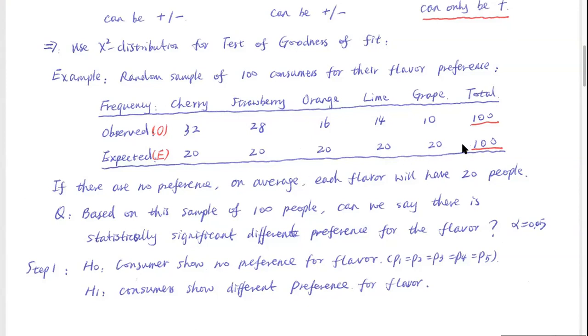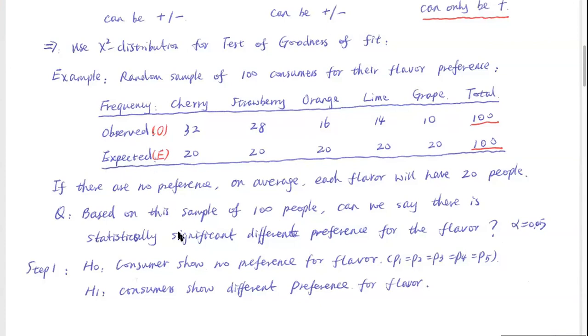So if we expect all the consumers to have equal preference, we break 100 into how many groups? 1, 2, 3, 4, 5. 5 equal groups, because the H0 tells us they should be equal. So 100 divided by 5 equal groups. How many people in each group? 20. That's the reason we have 20 here. We call this expected. How do we derive this?